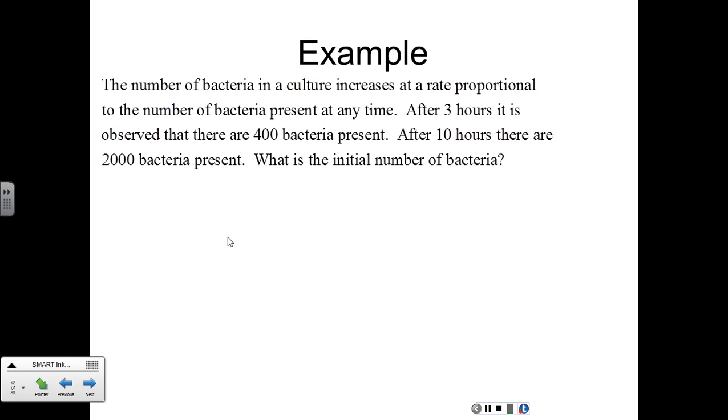That lets me know that it's that model. After 3 hours, it is observed that there are 400 bacteria present. At the end of 3 hours, there's 400 specimen of bacteria. So, 400 equals an initial amount we don't know, e to the k times 3.